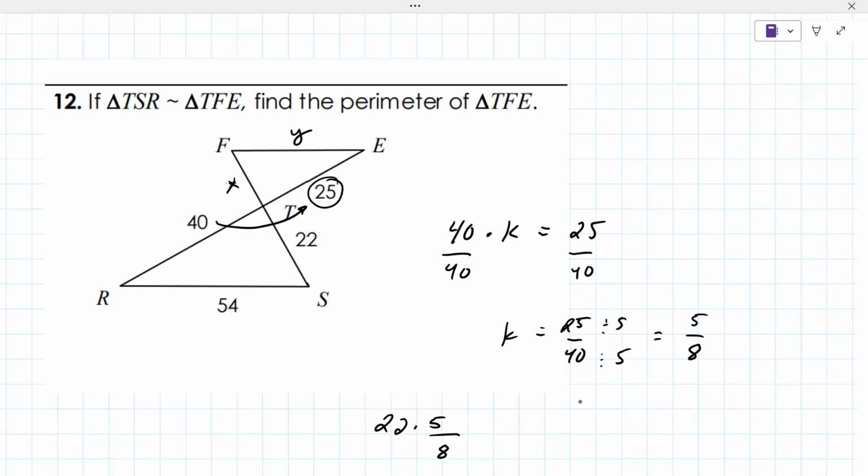Although that doesn't work out super nice. That ends up being 13.75. And then you take 54 and you multiply it by 5 over 8.